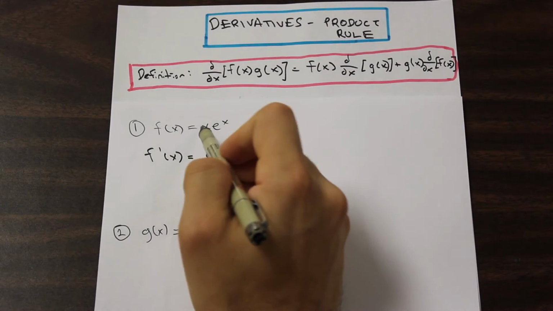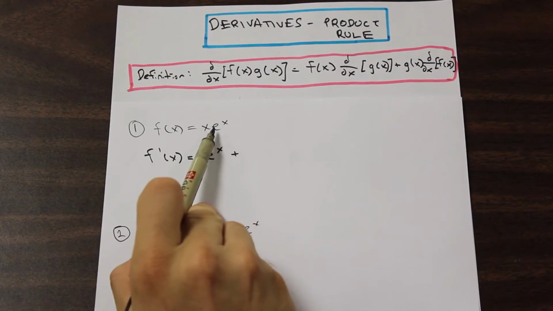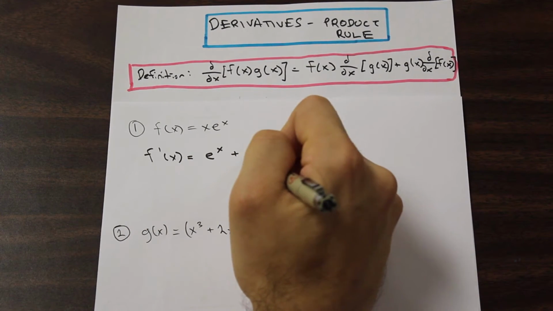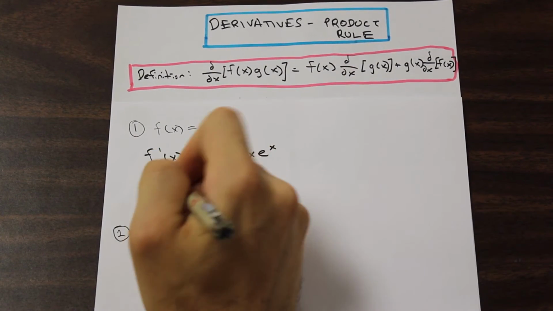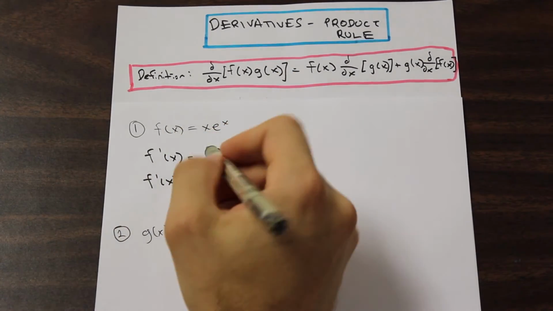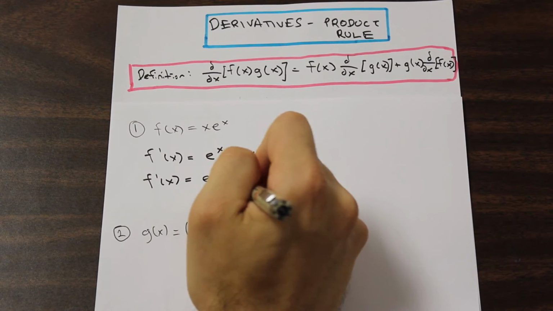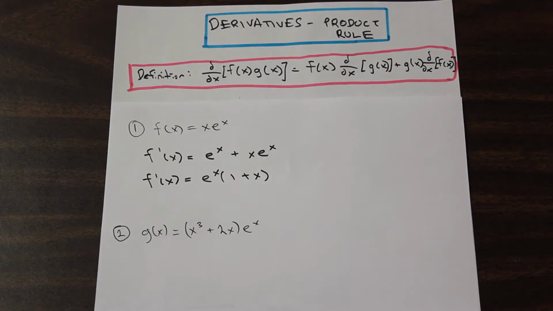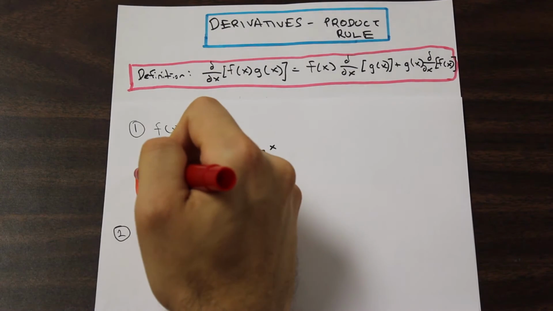So this is just going to remain the same. Derivative of the second term times the first term is going to be x e to the x. And if we want to simplify further, which your professor may ask you to, we can factor out e to the x. And we can say that it's e to the x times 1 plus x. And that is going to be our answer for the first one.